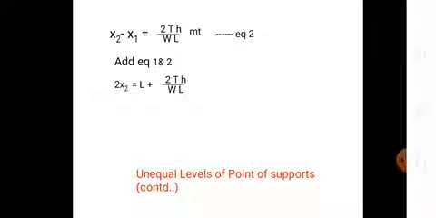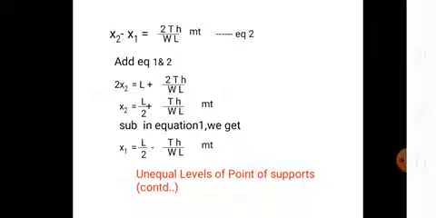That is x2 plus x1 plus x2 minus x1 is equal to L plus 2TH by WL. So 2x2 is equal to L plus 2TH by WL. Dividing by 2, x2 is equal to L by 2 plus TH by WL.